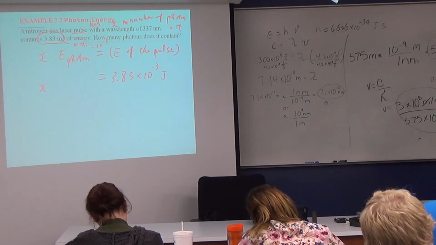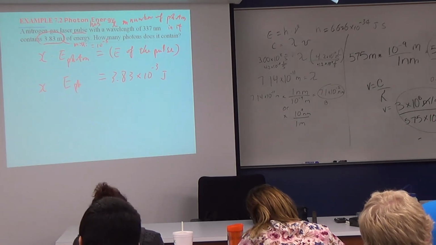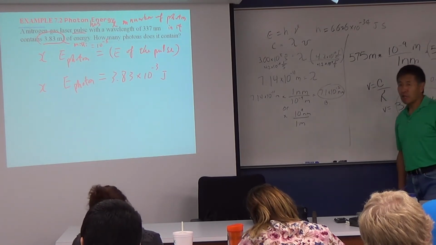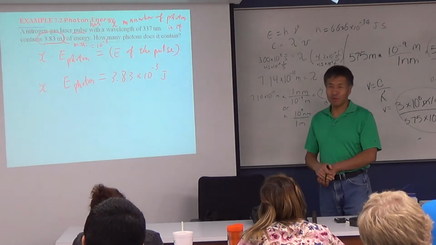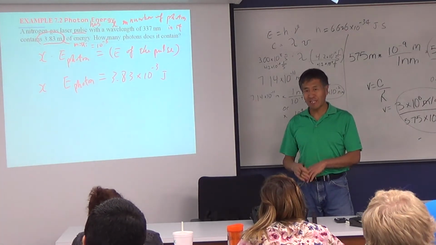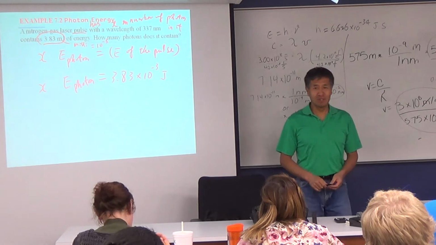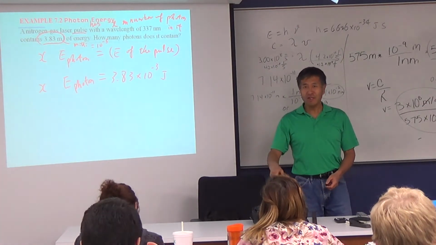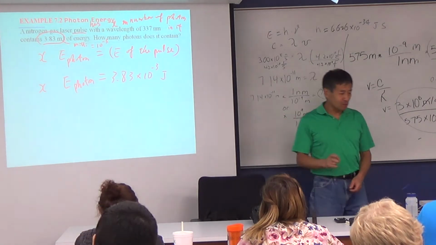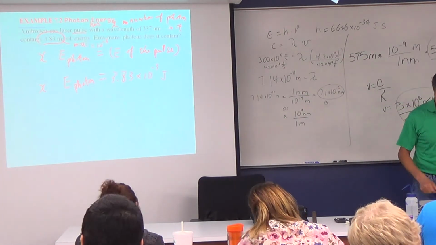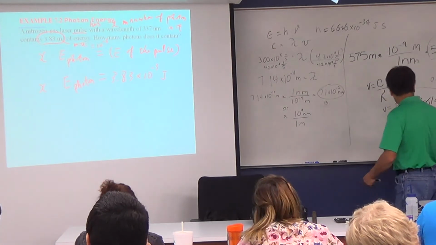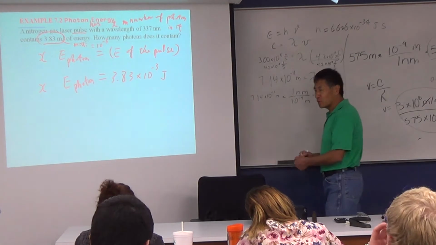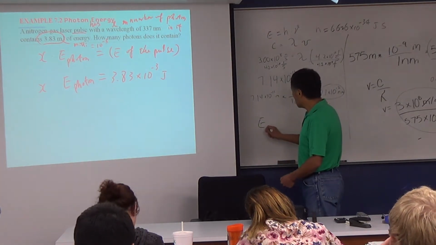So we have to figure out this E photon. Now you tell me, how can we figure out that E photon, which means the energy for one photon? We can use either the frequency or the wavelength. So there are two equations, and I will write them here, and again I will ask you which equation we should use.